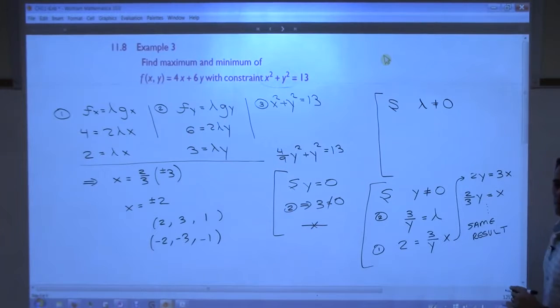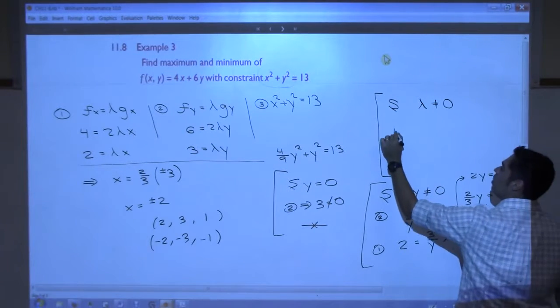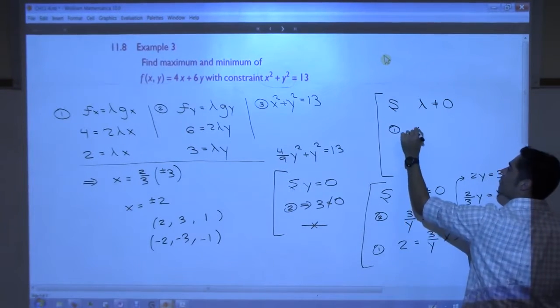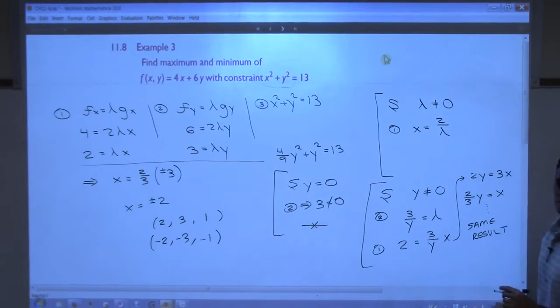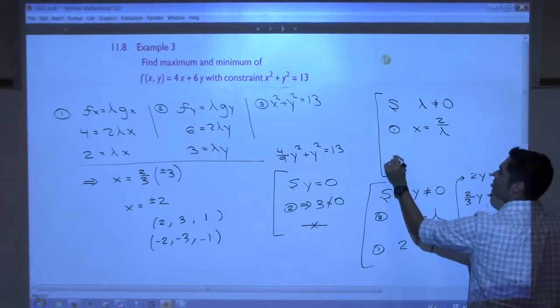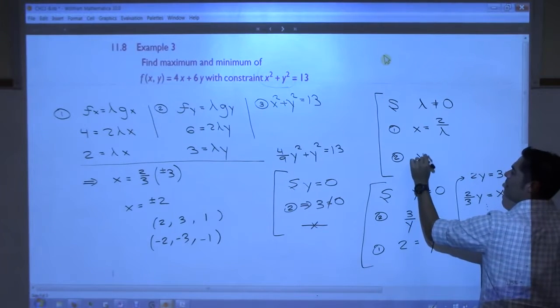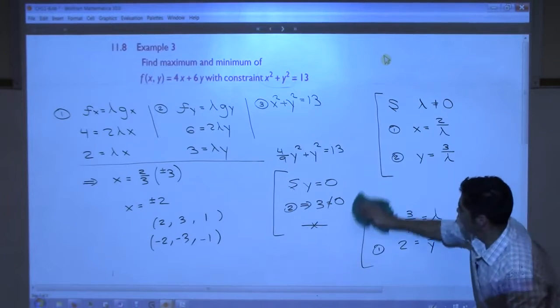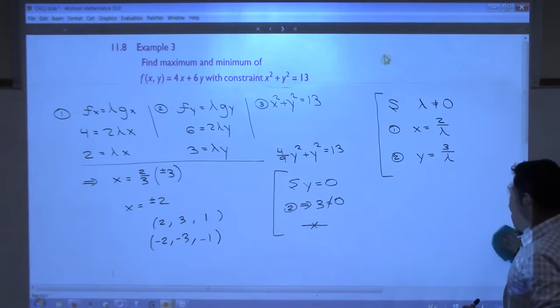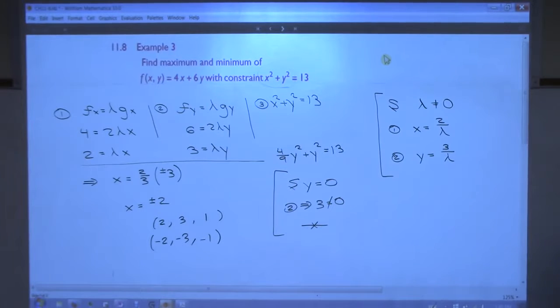All right? Suppose lambda is not 0. What would equation 1 tell us? X is 2 over lambda, yes? What would equation 2 tell us? Y is 3 over lambda. You with me? Got it? Keep going.